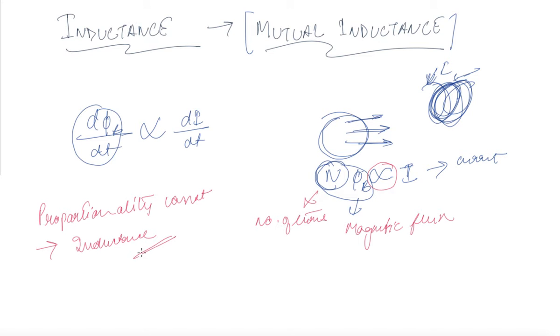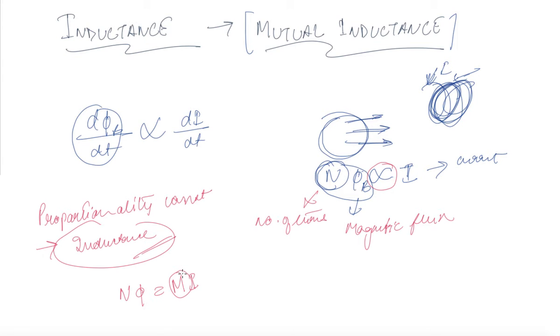So how much induced current it can produce is known as your inductance, and this is given by the formula N into phi is equal to M into I, where this is the current I and this is the M.